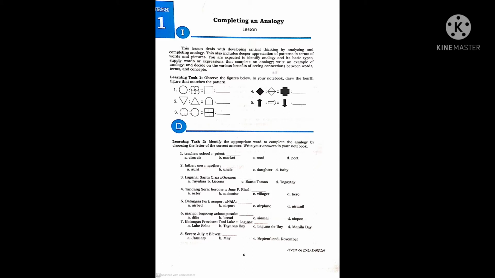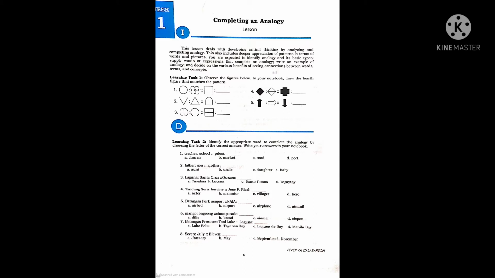Observe the figures below. In your paper or in your notebook, draw the fourth figure that matches the pattern. Okay, so what are you going to do here? You're going to find the pattern. There's always a pattern in these sets of pictures. So for number 1, we have a big circle.